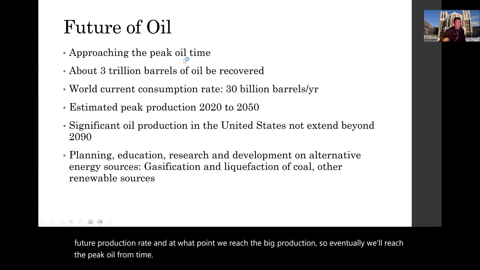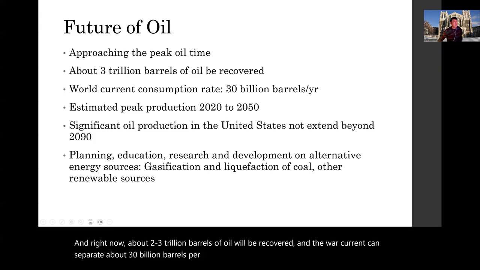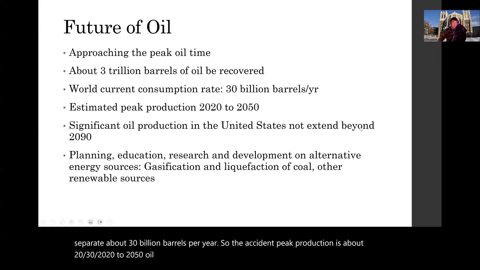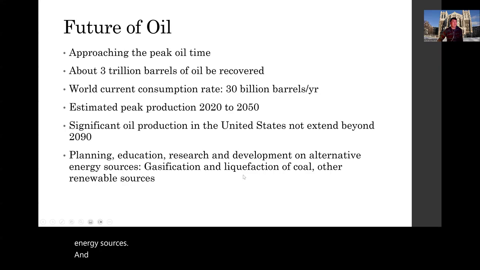Right now, about 3 trillion barrels of oil will be recovered, and the world's current consumption rate is about 30 billion barrels per year. So the estimated peak production is about 2020 to 2050. The oil production in the United States will not extend beyond 2090. Therefore, the most important thing is planning, education, research, and development of alternative energy sources. For example, gasification and liquefaction of coal and other renewable sources can be very, very important.